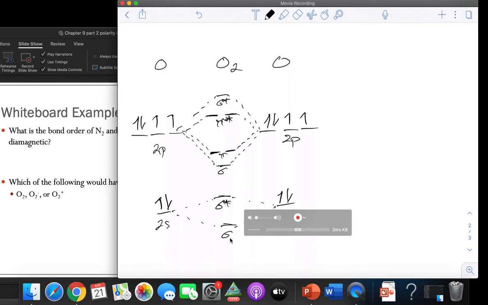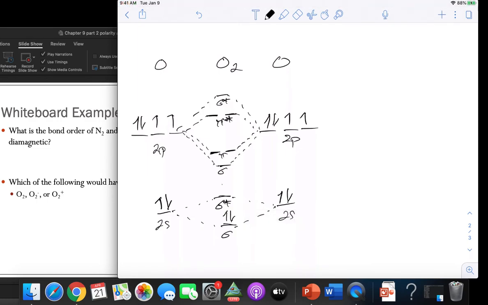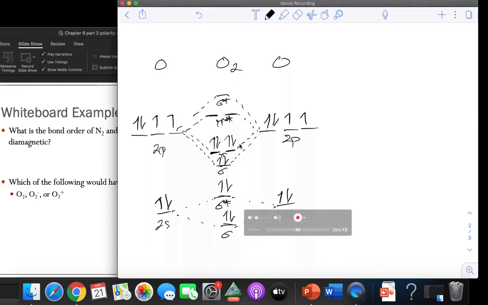We're going to start at the bottom. So I have 1, 2 in the bottom sigma bonding orbital, 3, 4 in that sigma star, 5, 6 in the sigma bonding from the p orbitals, 7, 8, and then 9, 10 for those pi bonding orbitals in the p orbitals. And now we have the pi anti-bonding, where we still have 2 electrons left that are actually going to go in unpaired.